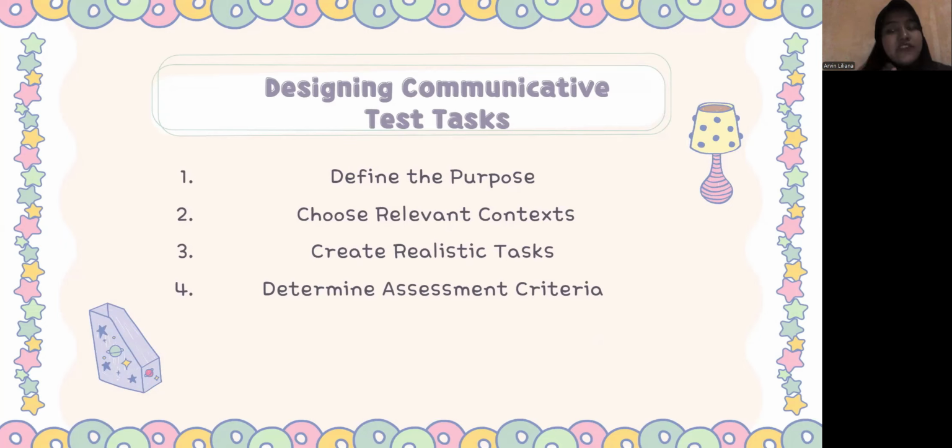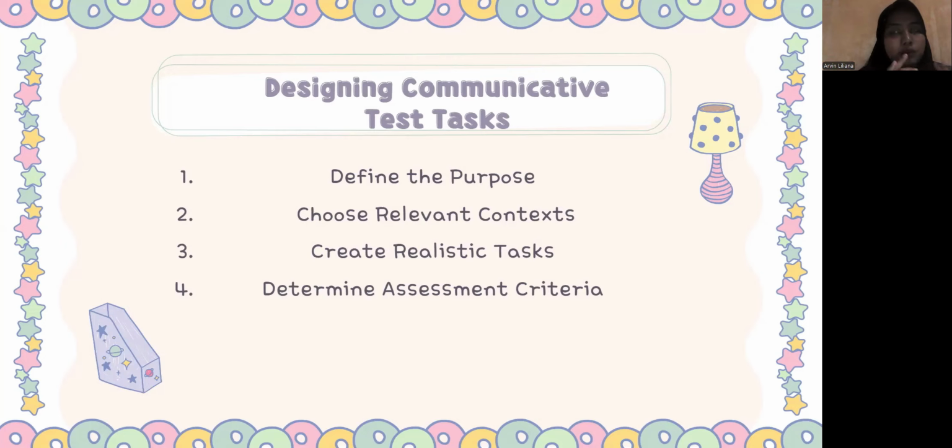The tasks given should be realistic and encourage students to use the language practically, not just memorize or repeat sentence structure. The last is determine assessment criteria.